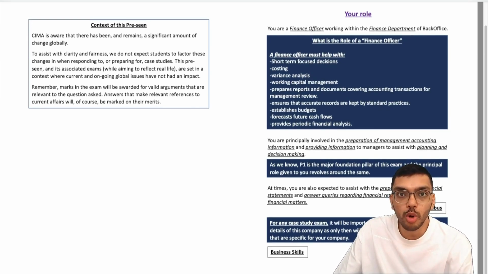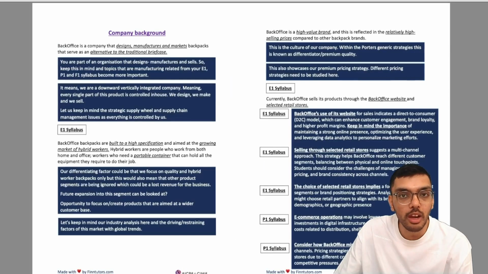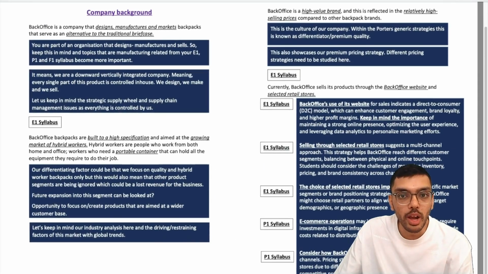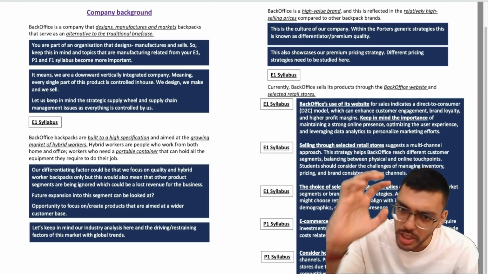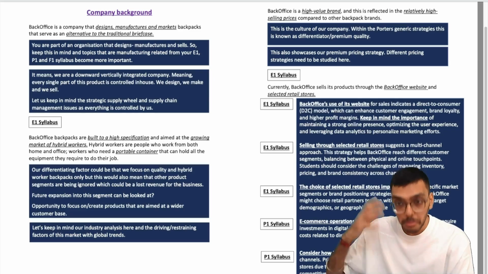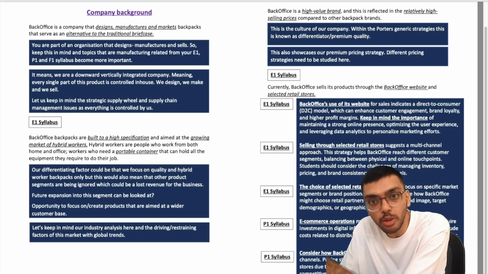If you don't know your business, do not expect yourself to do well on this exam. So I always say the first step to positive exam preparation, let's put it that way, is knowing your company. Because no matter if you've done your E1, P1, F1 revision, but you don't know your company, what are you going to relate to?